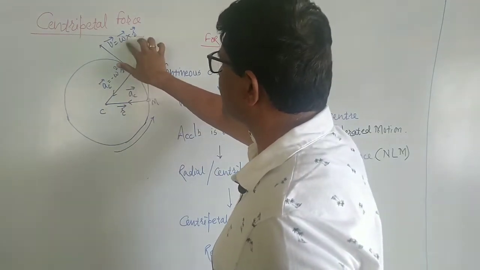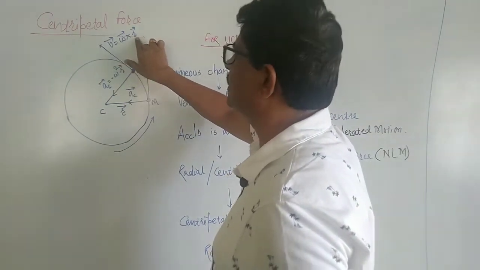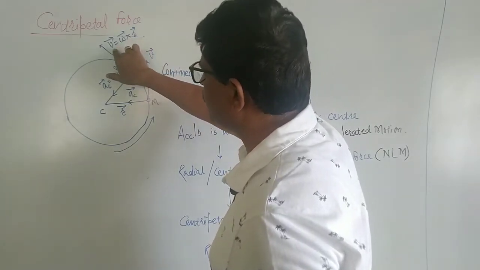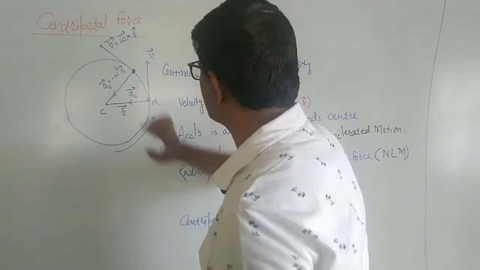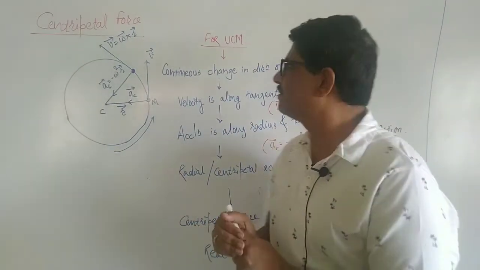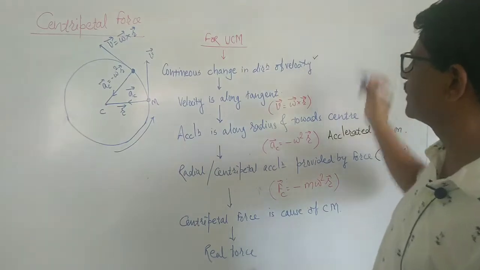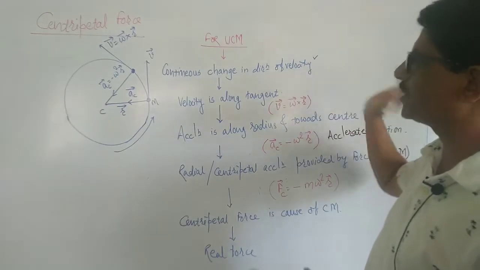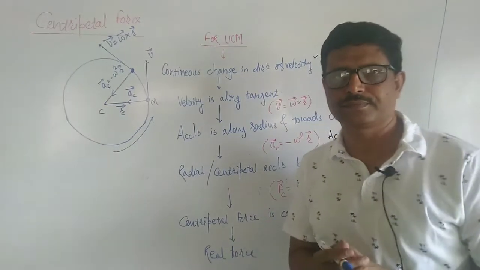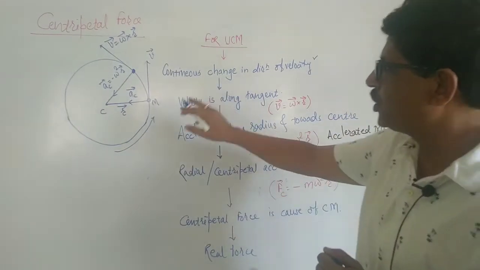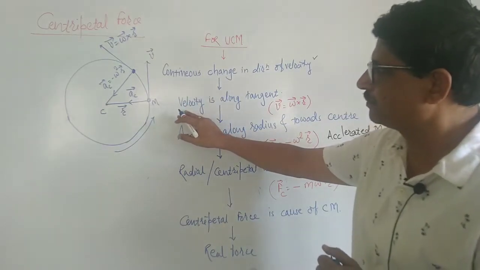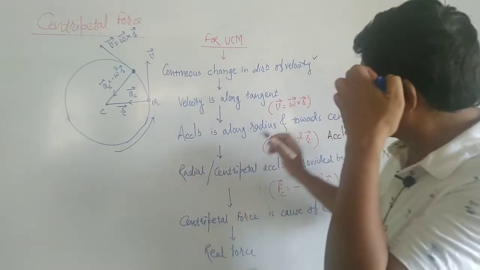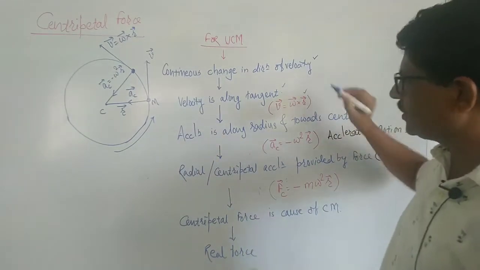As it is the cross product, r and v are perpendicular to each other, and perpendicular to radius is tangent. Therefore, velocity in circular motion is along the tangent. It continuously changes its direction. Therefore, for uniform circular motion, continuous change in direction of velocity is necessary. This change in direction of velocity is due to velocity always being in the direction of tangent.